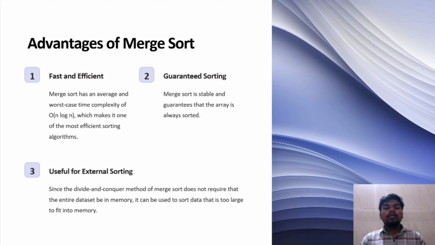Guaranteed sorting. The merge sort always sorts the given list. And it is useful for external sorting. Since the divide and conquer method of merge sort does not require the entire data set to be in memory, it can be useful to sort data that is too large to fit in memory. This is how the main advantages of the merge sort work.